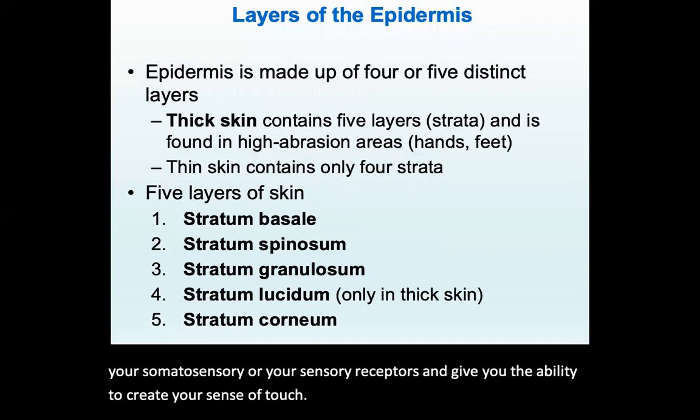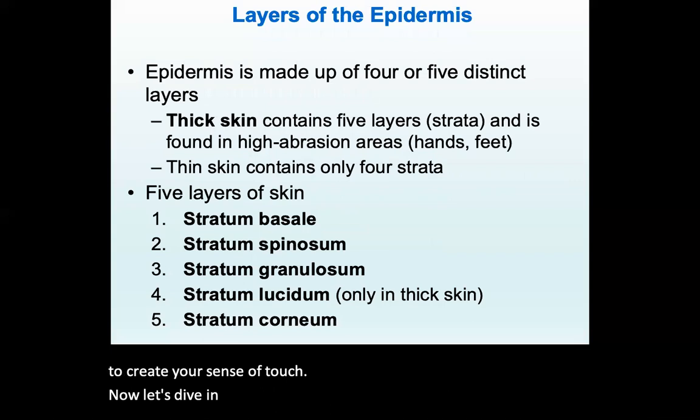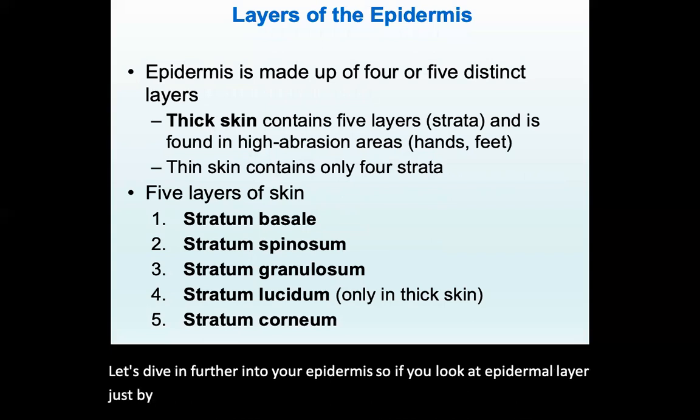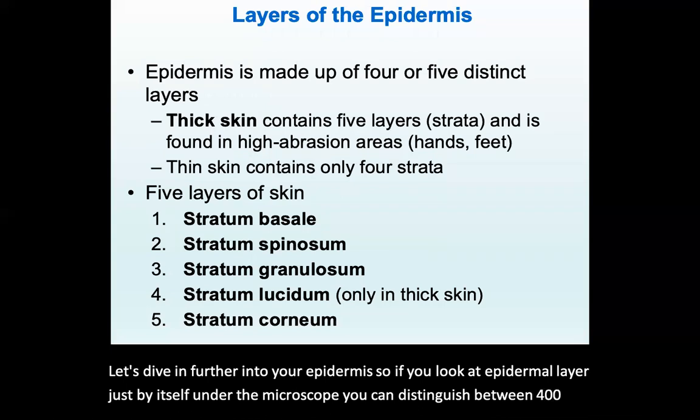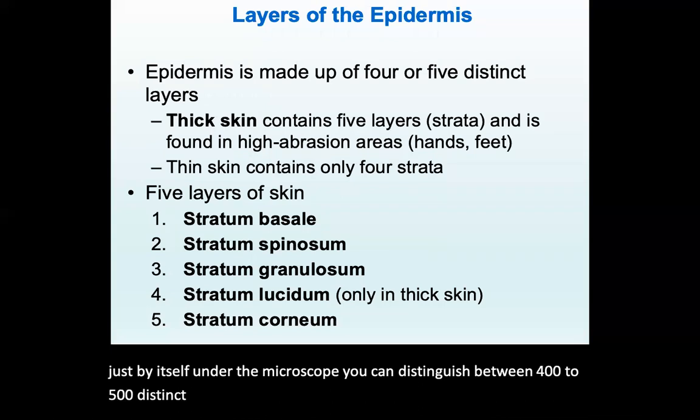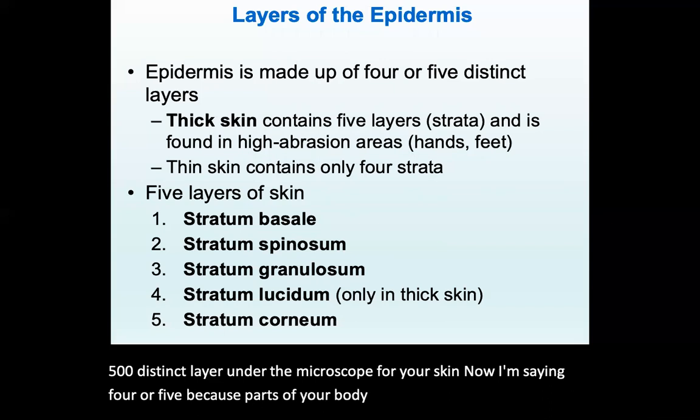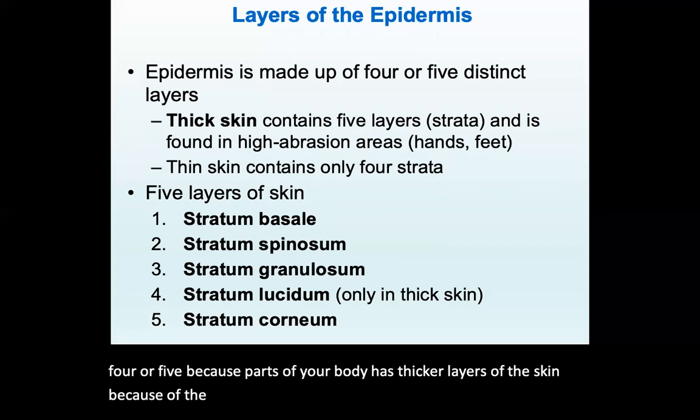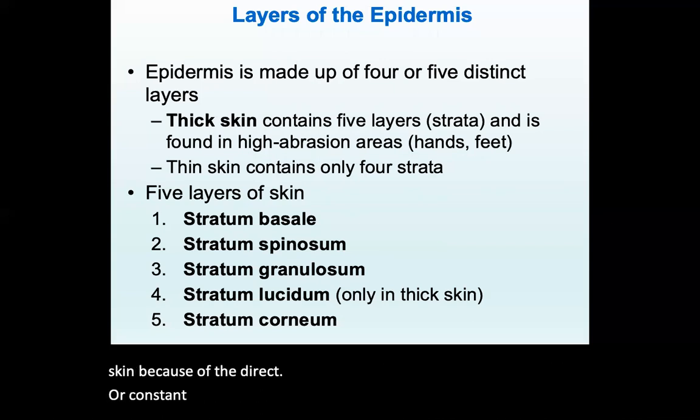Now, let's dive further into your epidermis. If you look at the epidermal layer by itself under the microscope, you can distinguish between 4 to 5 distinct layers. I'm saying 4 or 5 because parts of your body have thicker layers of skin because of direct or constant physical contact with the external environment.